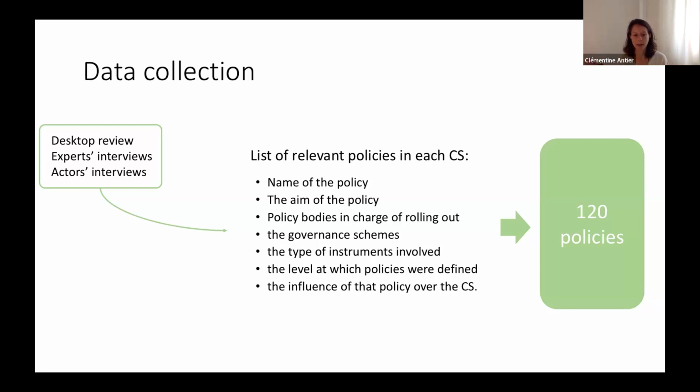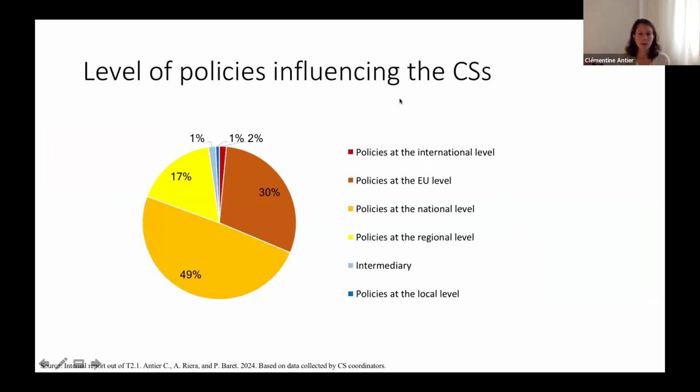When we take the data from the 10 case studies together, we get 120 policies. Within these 120 policies, we identify policies mainly at the EU level, at the national level, and at the regional level. And there is also a small share of policies at the international level.